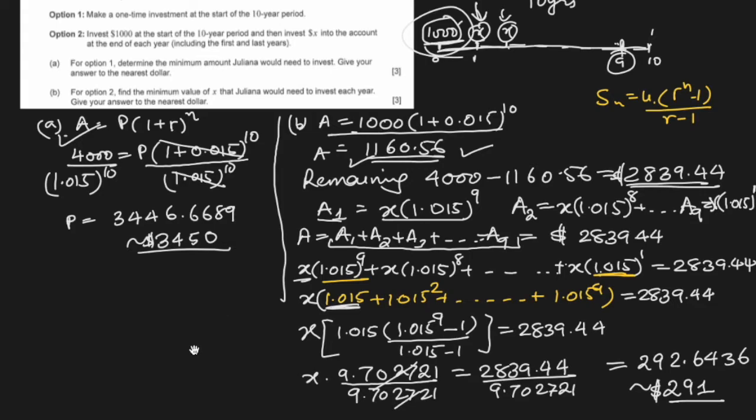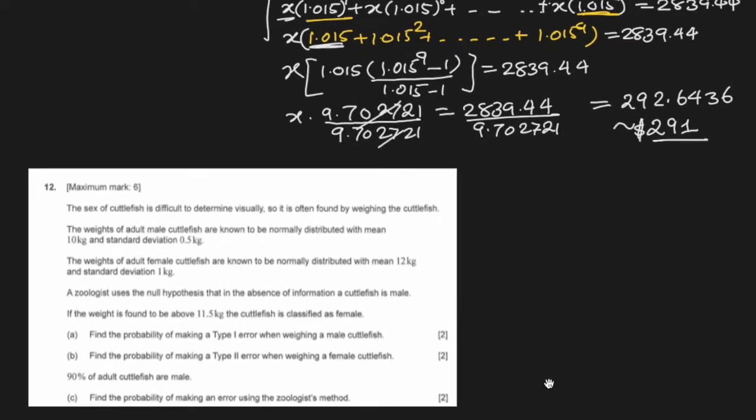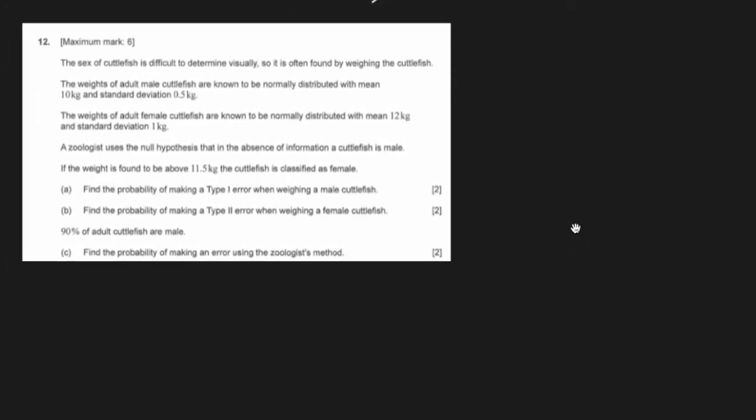Okay, what is next? The sex of, let's call it gender, of a cuttlefish is difficult to determine visually, so it is often found by weighing a cuttlefish. The weights of adult male cuttlefish are known to be, that means it is proven reality, distributed with a mean of 10 kg.